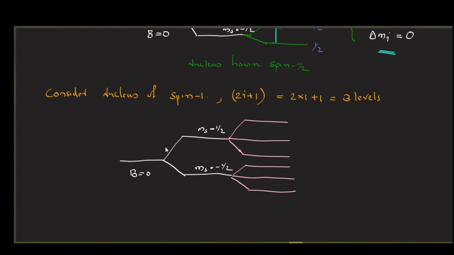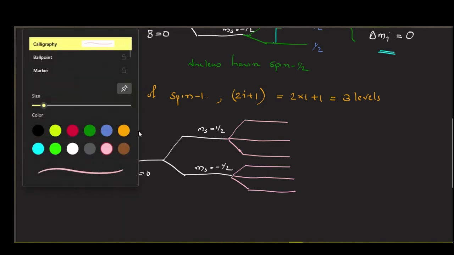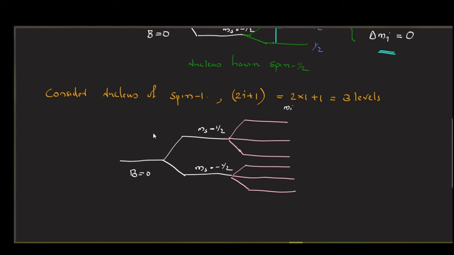Split up into 3. So, here you can write Mi as 1, 0, minus 1, then minus 1, 0, 1.